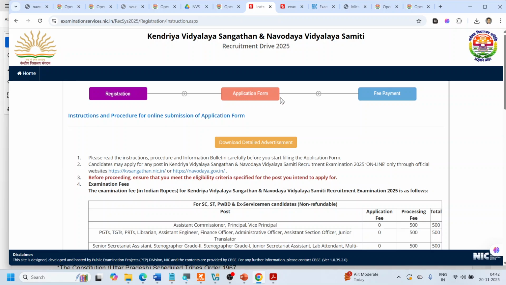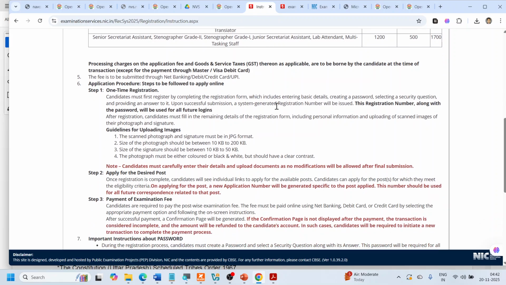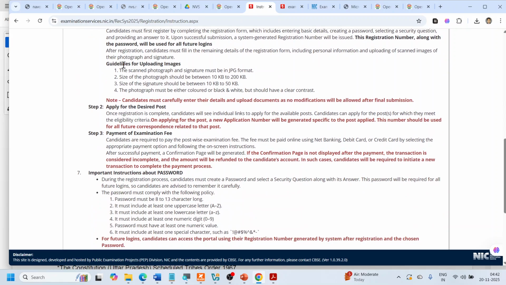Then you will get the application form. See to it that you have your JPEG photo, a clearly taken JPEG photo. I think they have mentioned it somewhere here. So this is the uploading. The scanned photograph must be in JPEG format, and it must be a maximum of 200 KB. So your photo should be that. And for your signature, you have to write your signature on a plain sheet of paper, one small sheet of paper.